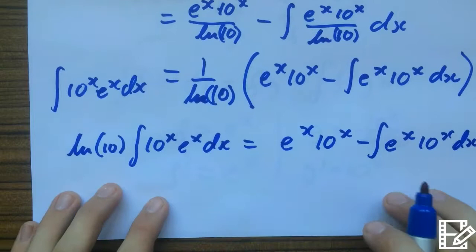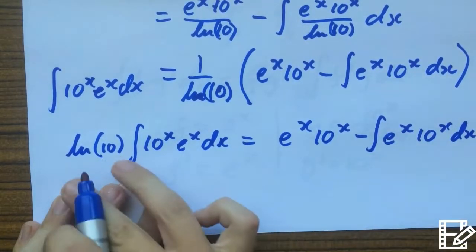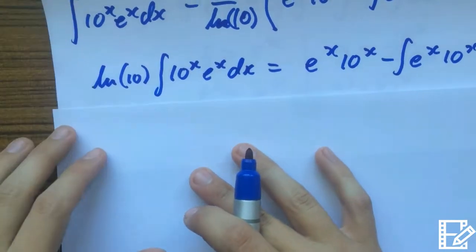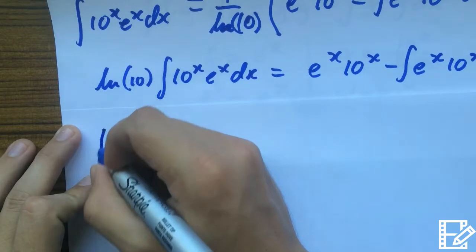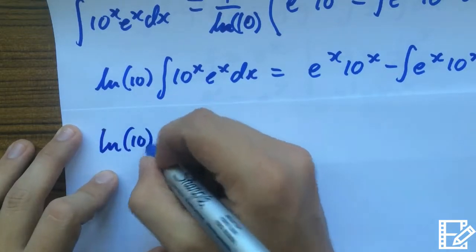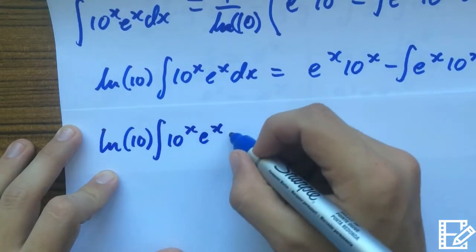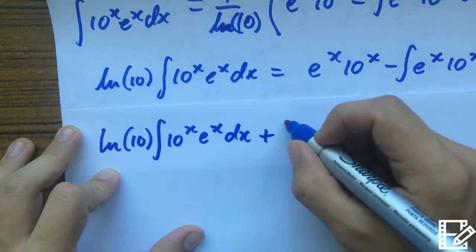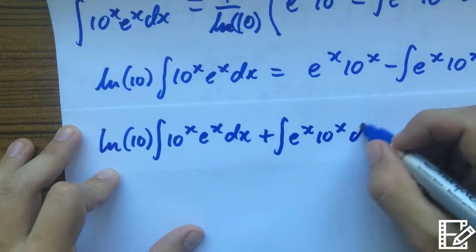Okay, this is good. Now we can get this on this side. Because this is minus the integral of this, if we bring it to that side, it will be plus. So essentially, we'll have ln 10 multiplied by the integral of 10^x e^x dx plus the integral of e to the x 10^x dx.